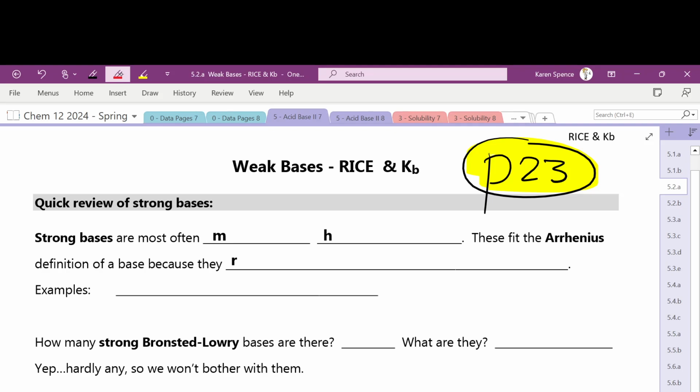Strong bases are most often what? Tell your partner. You should know this by now. We spent all of 5.1 talking about it. Or sorry, all of Unit 4 talking about it, and we reviewed it just a few days ago.